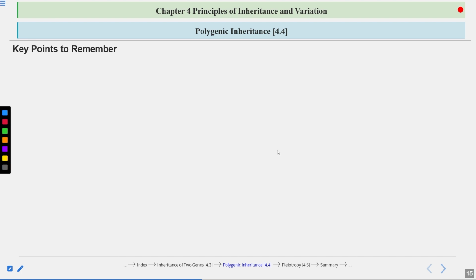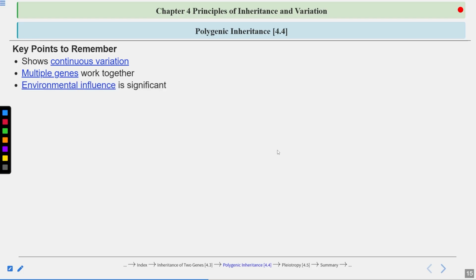Now, what are the key points to remember regarding polygenic inheritance? They show continuous variation, meaning they show a range of phenotypes. Multiple genes work together, and the alleles show an additive effect. Environmental influence is significant; these polygenic traits are influenced by the environment.